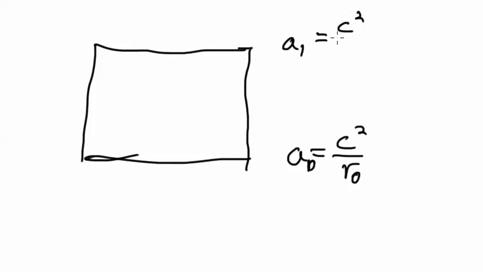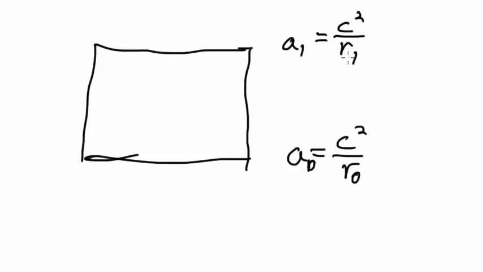What happens then is that the acceleration of the top of the elevator will be slightly less than the acceleration of the bottom, and the difference between those two accelerations will be, well, what does our equation say? Acceleration equals c squared over R, so this will be the acceleration of the bottom, say a sub 0, equals c squared over R sub 0, and the top of the elevator will accelerate at acceleration c squared over R sub 1.